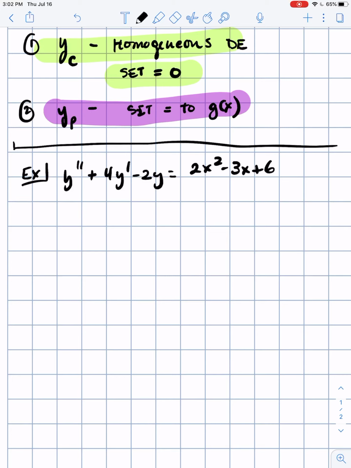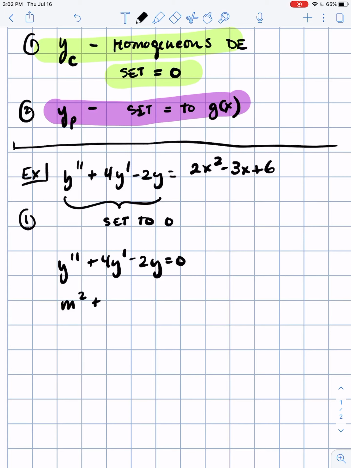Okay, so first step is still the same thing. Set this to 0, as if it was homogeneous, and then we solve normally. So again, we just go back to that last section where you're solving this quadratic.